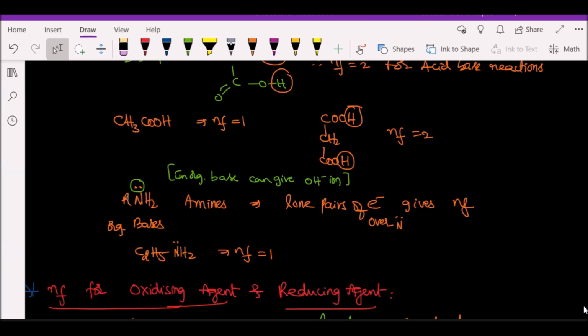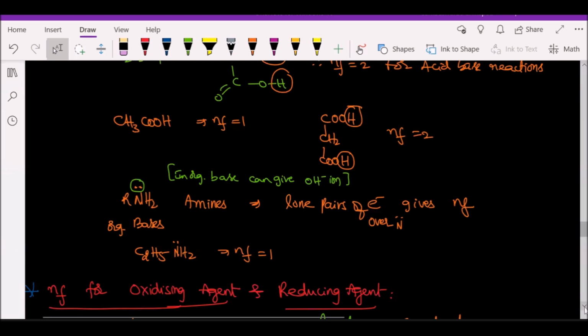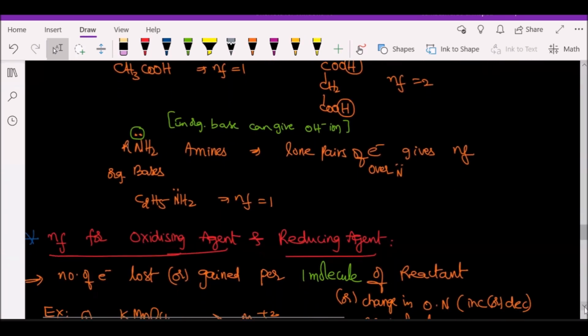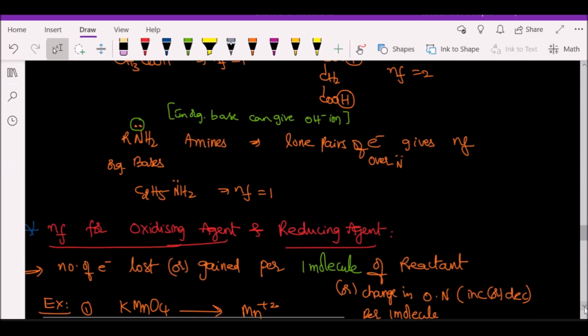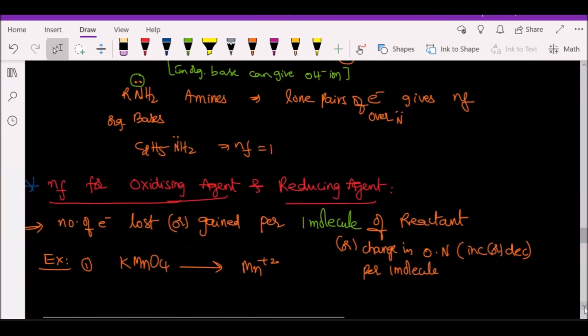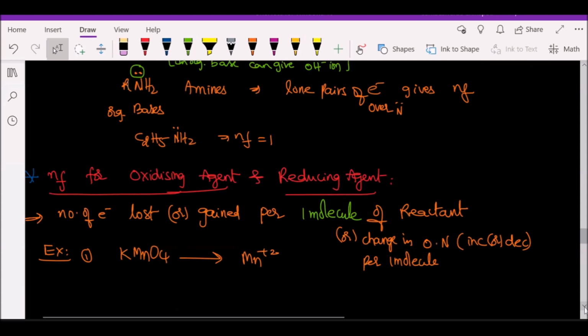Okay, so I already told you in the previous balancing of redox reactions, calculate the change in oxidation numbers, the number of electrons lost or gained. The number of electrons lost or gained per one molecule of reactant is taken as N factor. So one example is already on the screen.